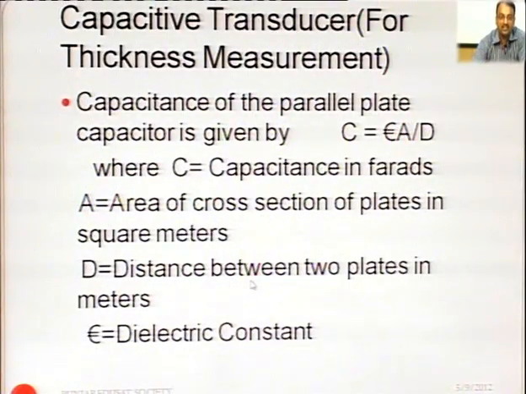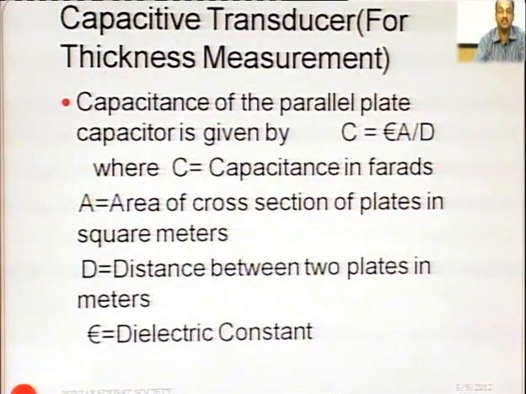As we already discussed, the capacitance of the parallel plate capacitor is given by C equals epsilon A divided by D, where A is the cross sectional area in meter square, D is the distance between the two plates in meters, and epsilon is the dielectric constant.